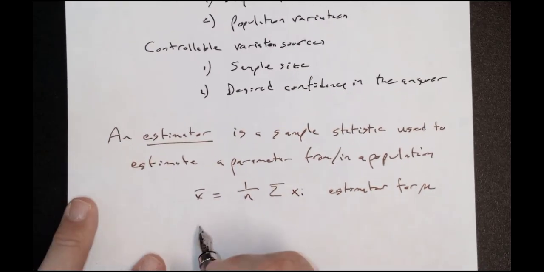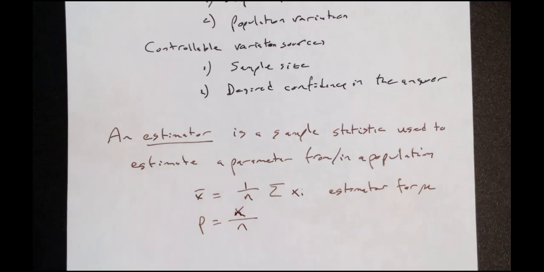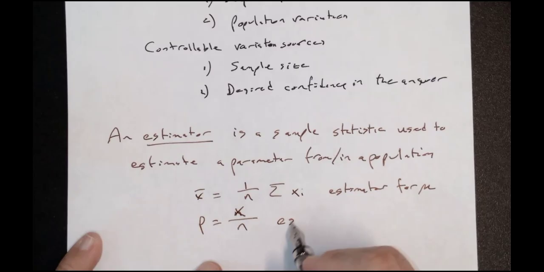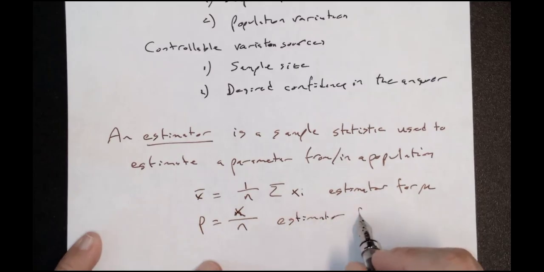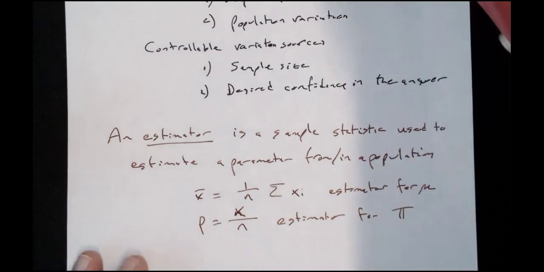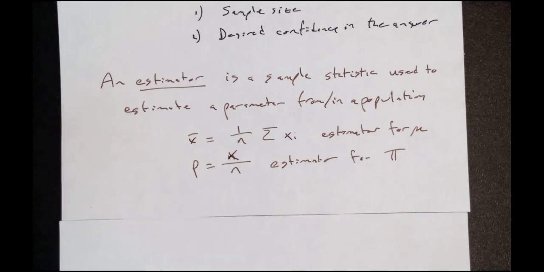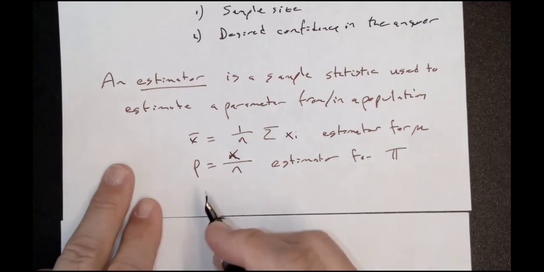In the same way, I can think about a proportion as an estimator for the proportion within a population. We did this with our binomial experiments, right? I needed some sort of chance of success. And standard deviation and variance are estimators for the corresponding population behavior.